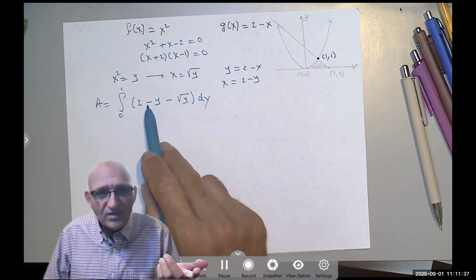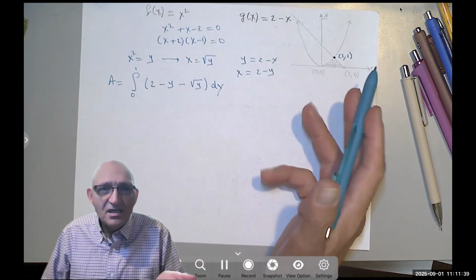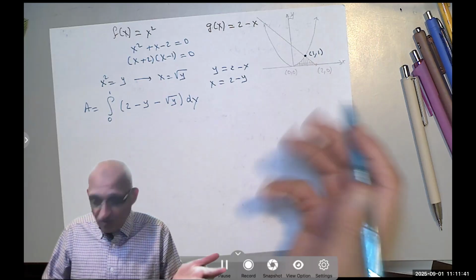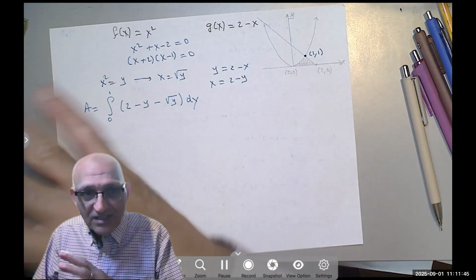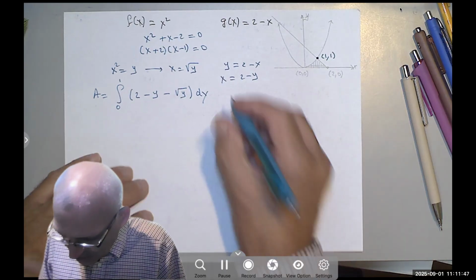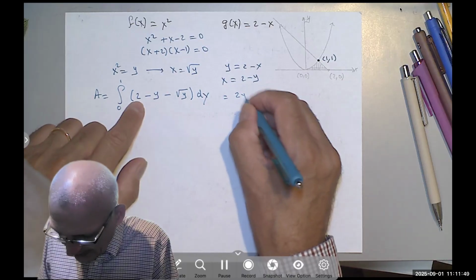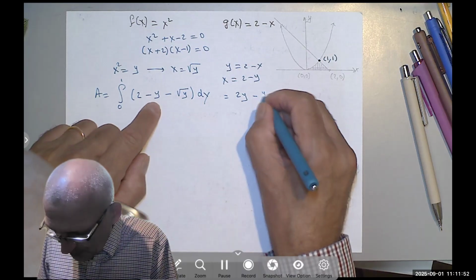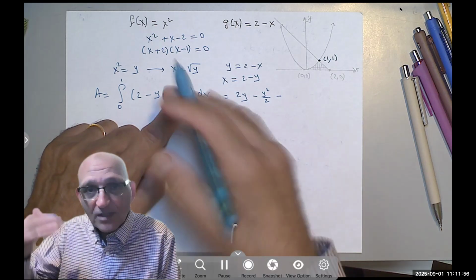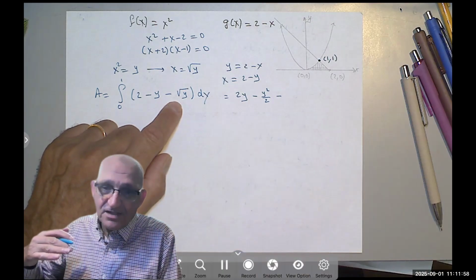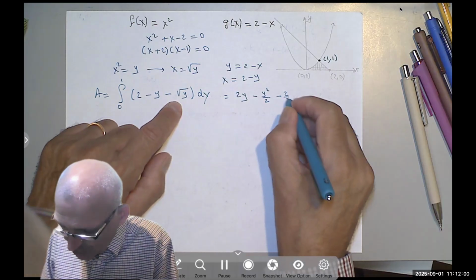I cannot say x squared dy. Yeah, there is, but it's not easy for me to see. I have to transform, okay? So you get the integral as 2y minus y squared over 2 minus, this is y to the 1/2, so you get 1 to the 3/2 divided by 3/2, meaning multiplying by 2/3.